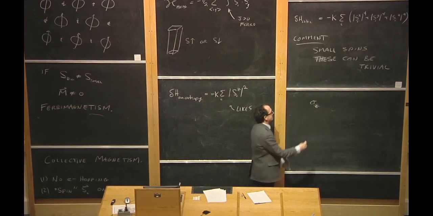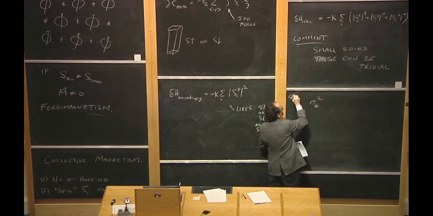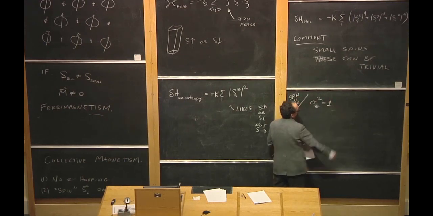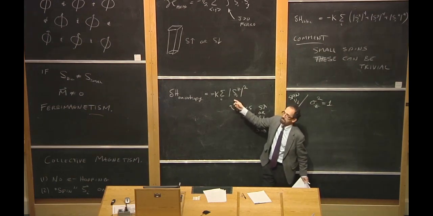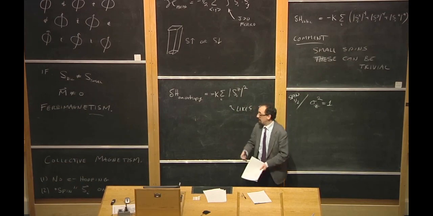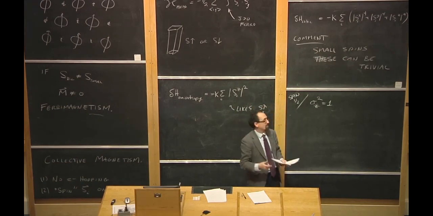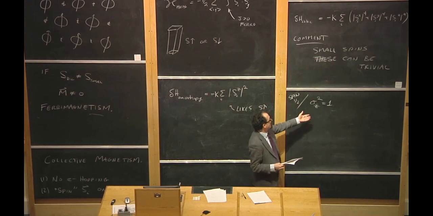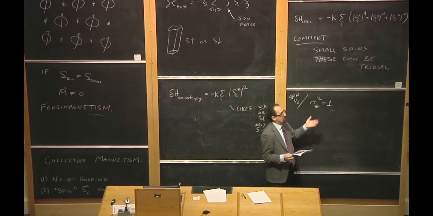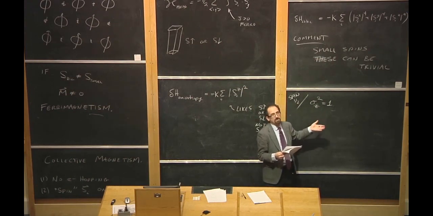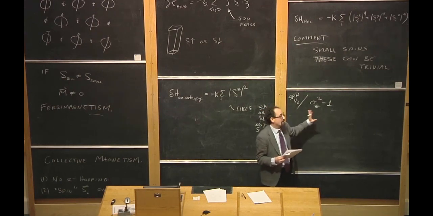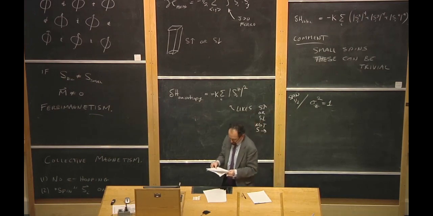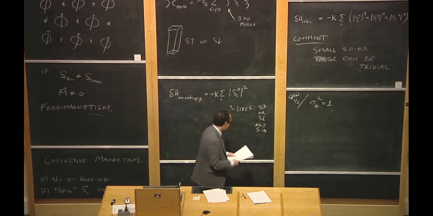If you square it for spin 1/2, sigma z squared is just 1. It's a very uninteresting operator. It just gives you a constant. So if you tried to write down a term like this for a spin 1/2, it would do nothing. It wouldn't specify which direction the spin wants to point in. However, if you did it for a spin 2 or spin 3, there would be an analogous spin matrix which does not square to 1 and becomes non-trivial. So that's just something to be warned about. You can't write down anisotropy terms for small enough spins. Okay? All right.